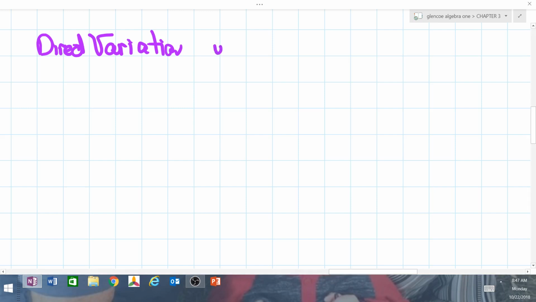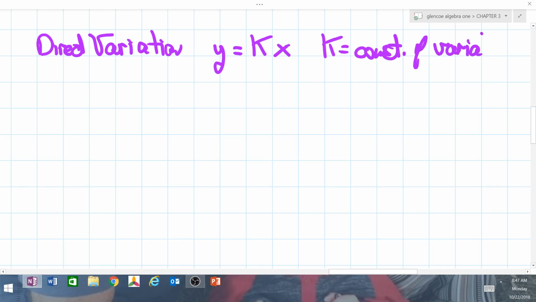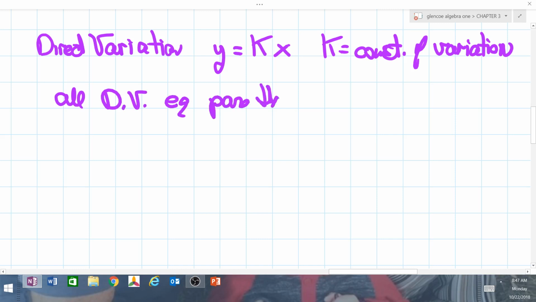It looks like y equals kx, where k is called the constant of variation. Very important fact. All direct variation equations pass through 0, 0, which is the origin. Okay?